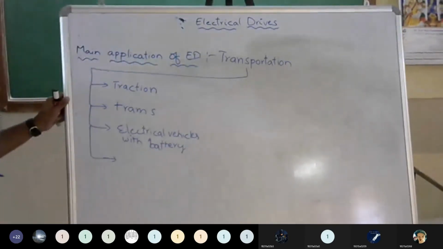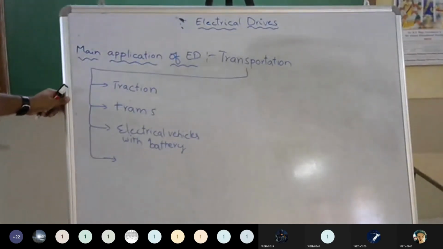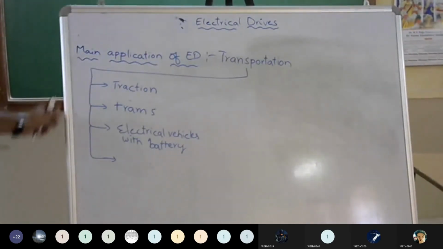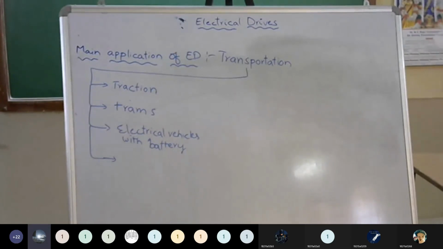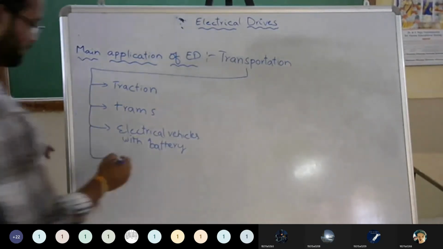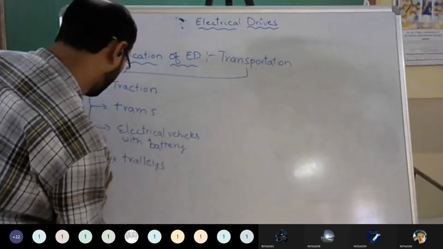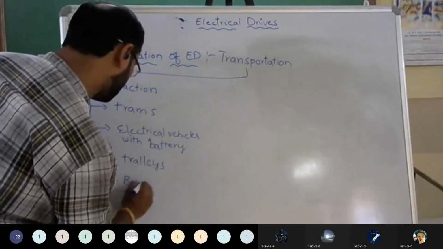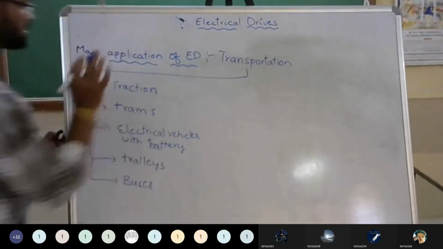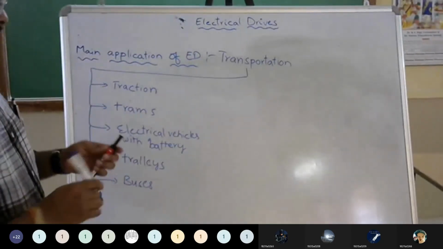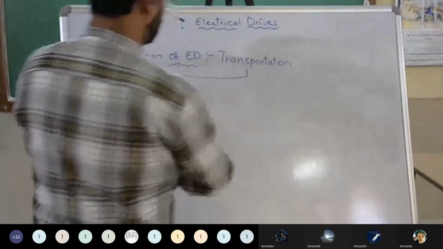Where do we use it in transportation? Trolleys, some trolleys also we will see, and buses also, and everywhere. So most of the use of these drives is in transportation, and also in industrial.